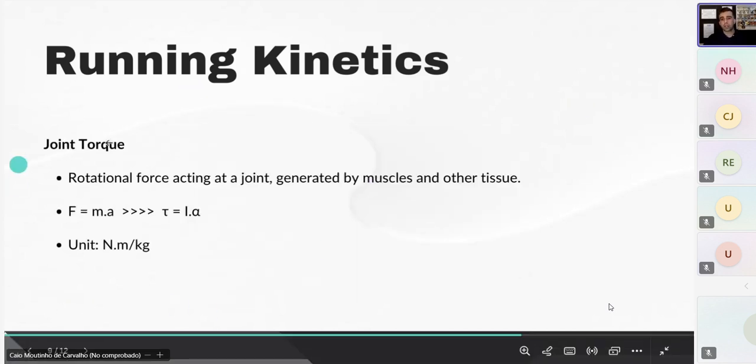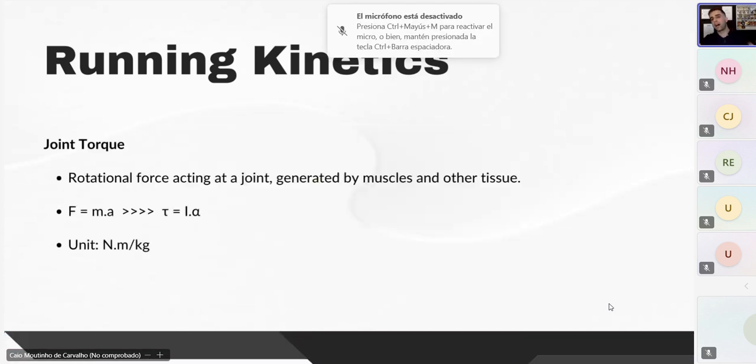So, talking about joint work, this is part of a study that I saw about running biomechanics. This is not my study, I'm just presenting it to you. Joint torque was also calculated. Torque is basically the rotational force acting on a joint, generated by the muscles and other tissues.